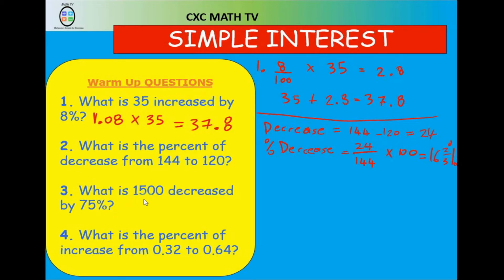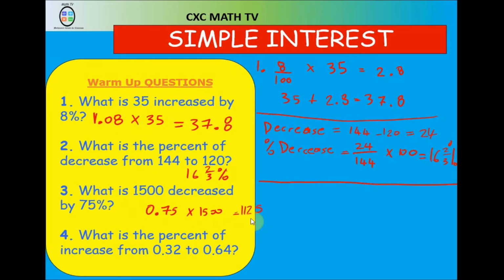Now it says, what is 1500 decreased by 75%? That's number 3. So if it loses 75% of its value, we just need to find 0.75 times 1500, and what we're getting is 1125.